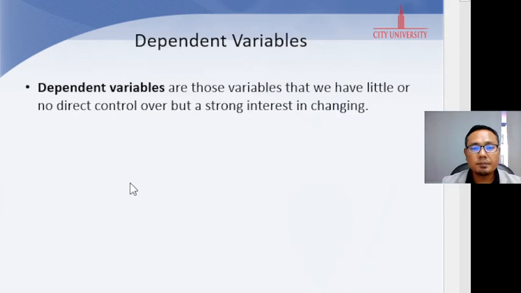Okay. And dependent variables are those variables that we have little or no direct control over, but a strong interest in changing based on what happens to the independent variable. So for example, if we want to relate a dependent variable such as customer satisfaction, customer satisfaction is quite difficult to control, but we have a strong interest in changing it.